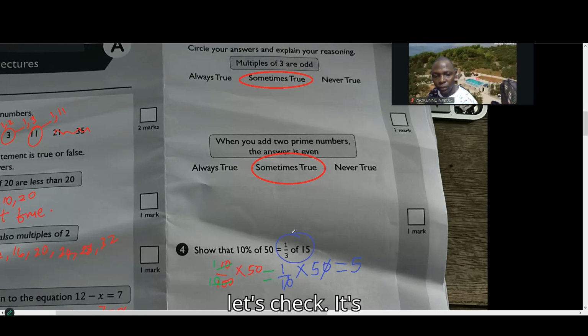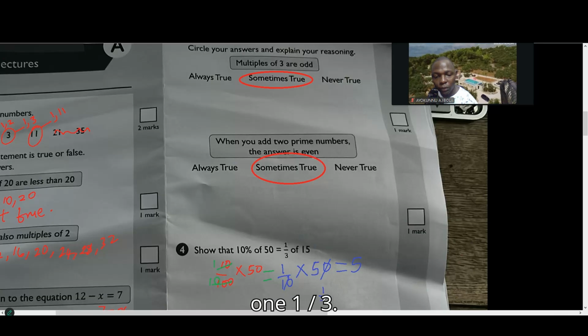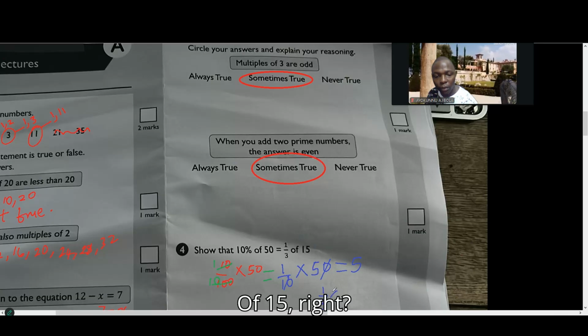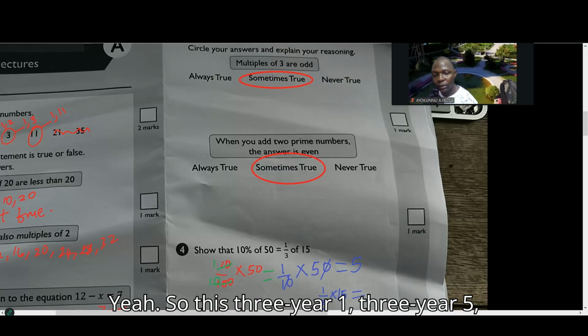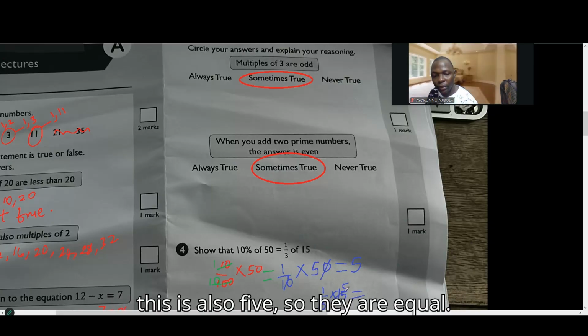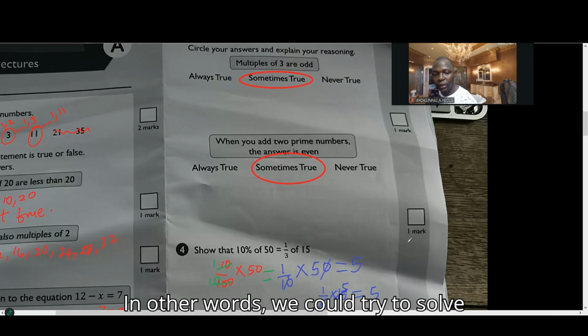So, let's check this one. 1 over 3 of 15, right? So this 3 here 1, 3 here 5. This is also 5, so they are equal.